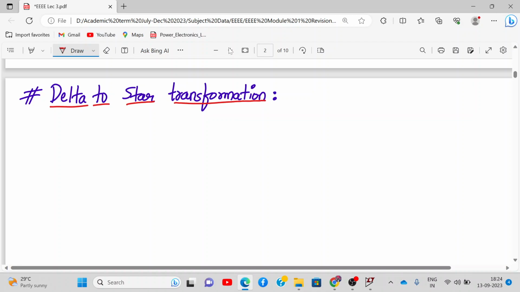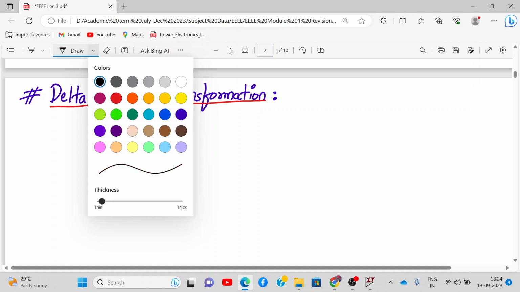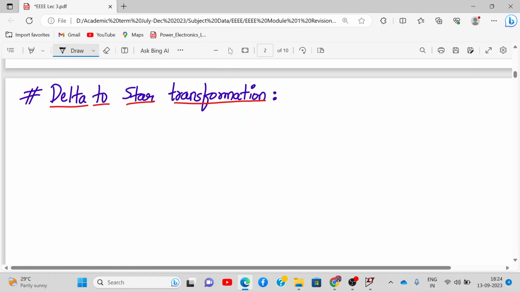In those cases, we require delta to star and star to delta transformation. Let us begin with delta to star. First we have a delta network, so let us draw a delta network. Let me go back to my black pen. This is my delta network.